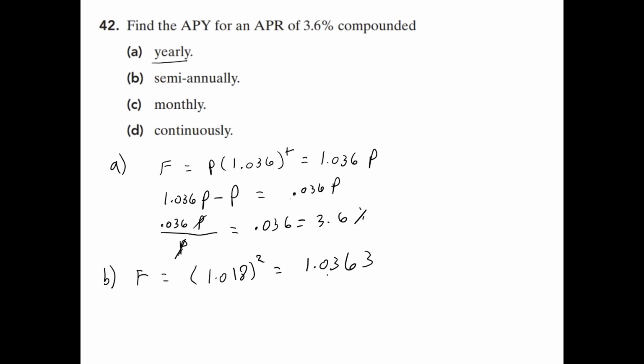So your dollar grew to $1.036. But then if we subtract the dollar that we started with, you get that your APY is 3.63%. So by compounding twice a year, you added these 0.03%, right?